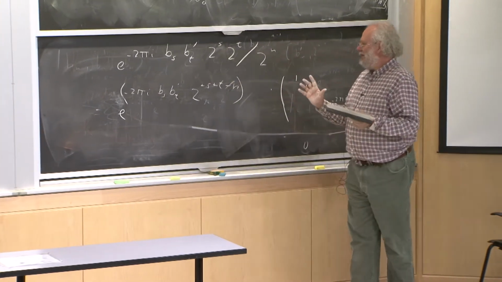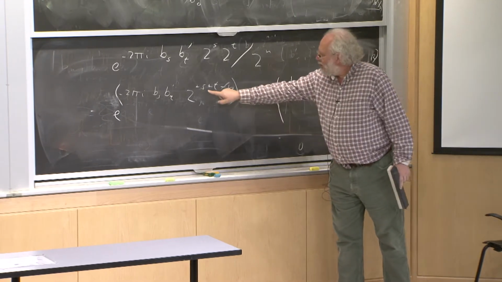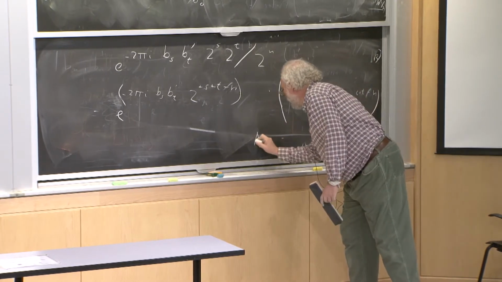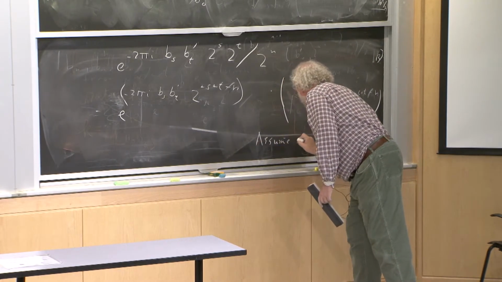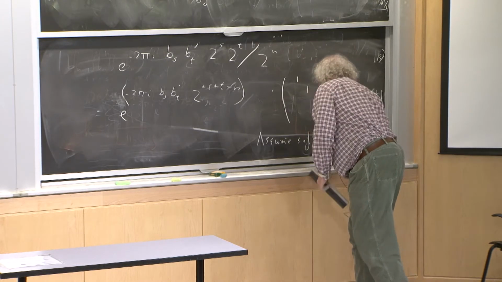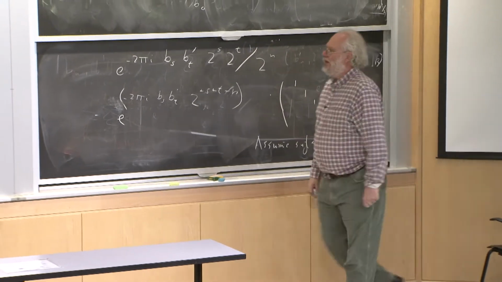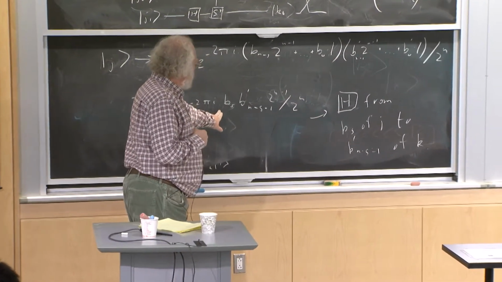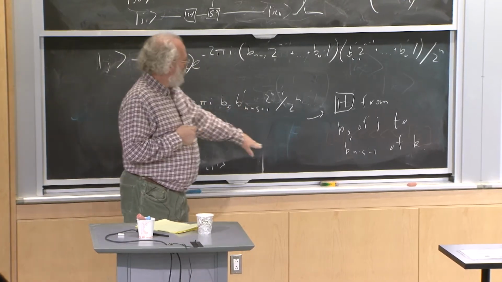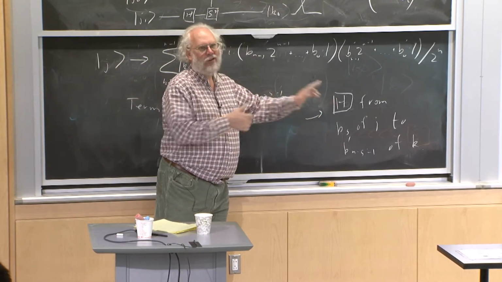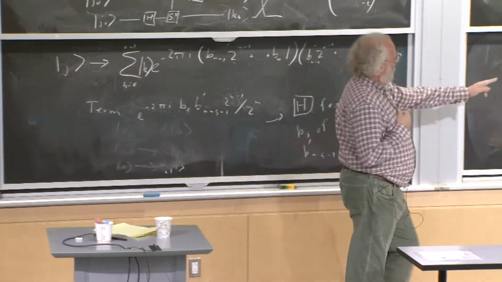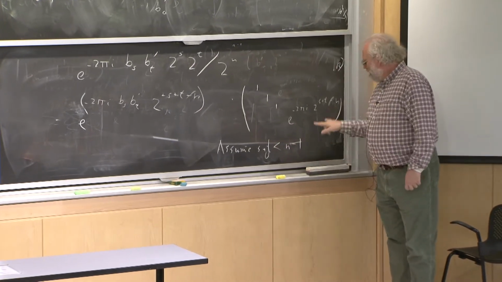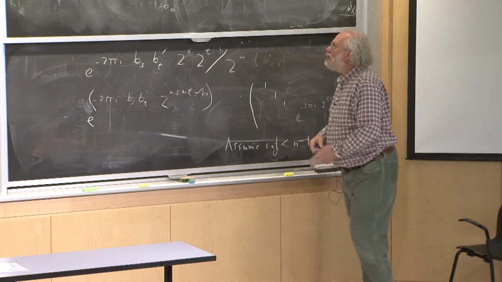And we can assume s plus t is less than n minus 1. Why is that? Well, if s plus t was equal to n minus 1, then it comes from this term, which transforms into a Hadamard gate in our circuit. So if s plus t is less than n minus 1, you get a different gate.